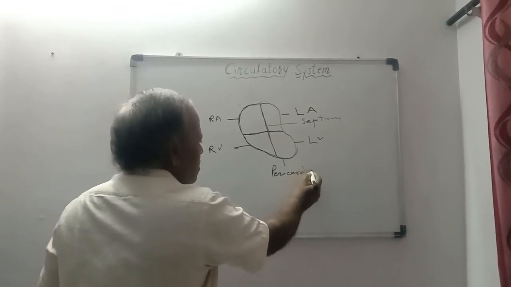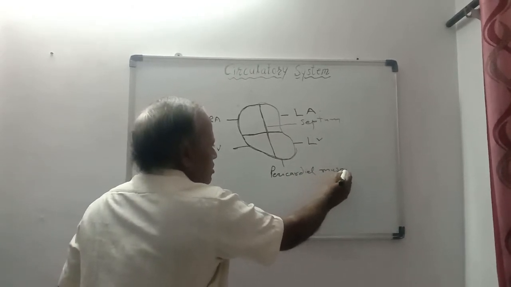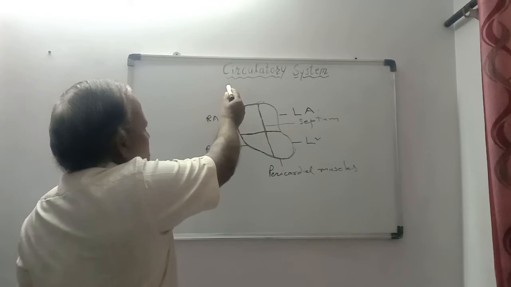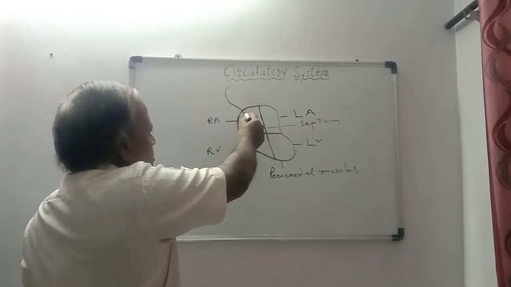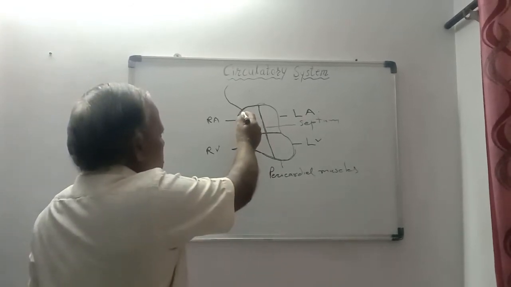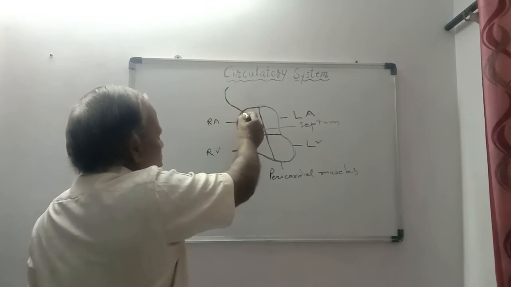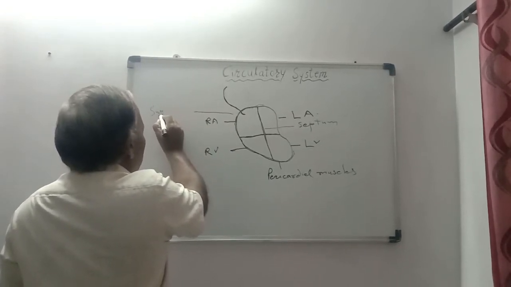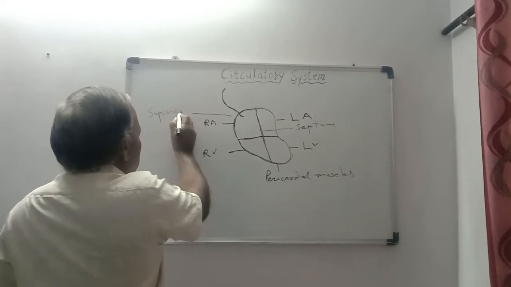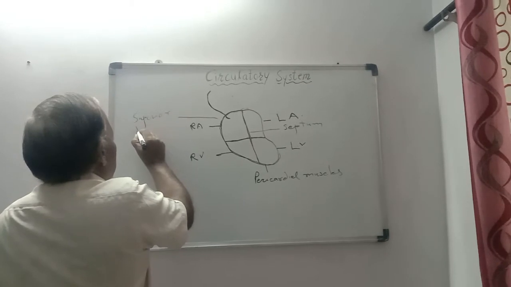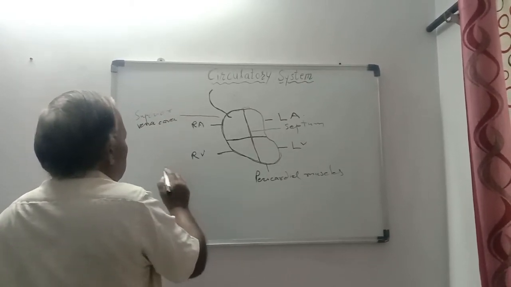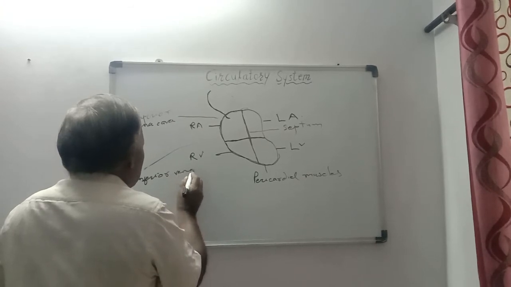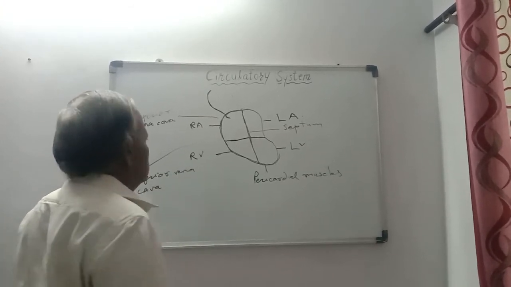Now, the deoxygenated blood will first of all come into the right auricle by veins called superior vena cava and inferior vena cava.